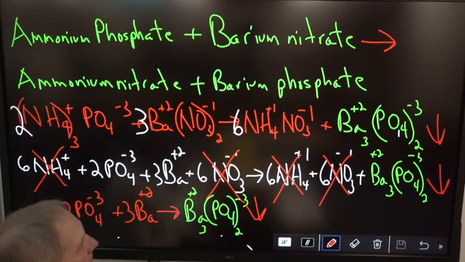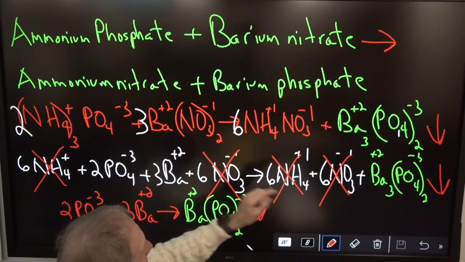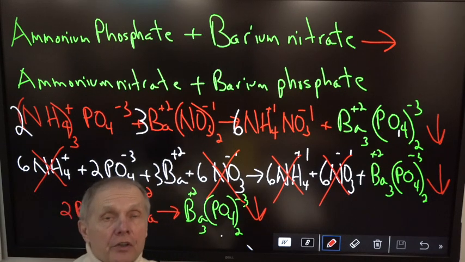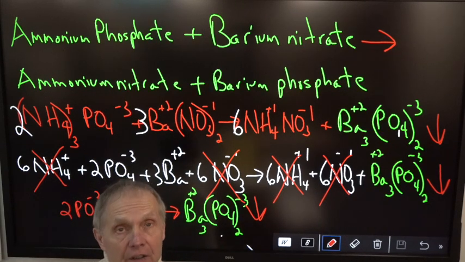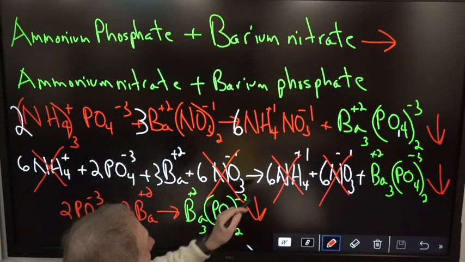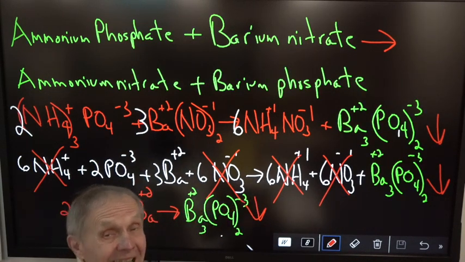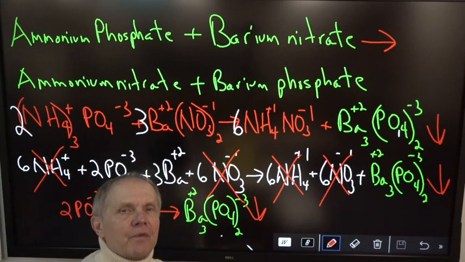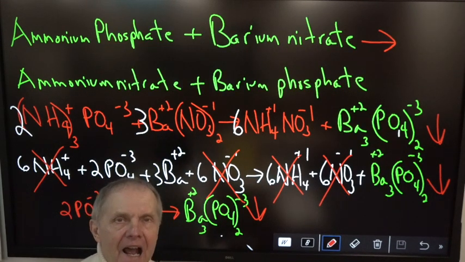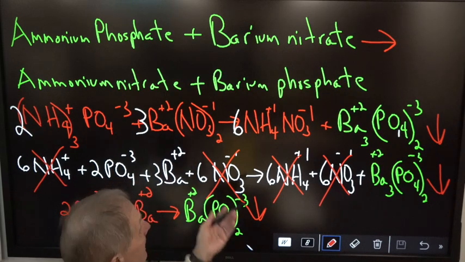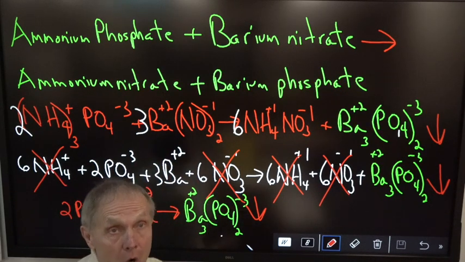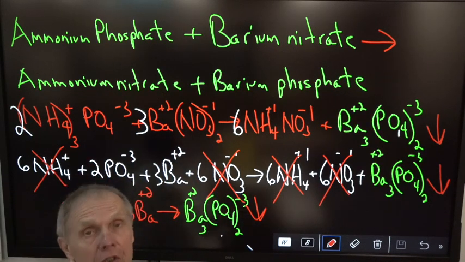And don't forget, you have to have the same coefficients in order to cross out the spectator ions. And that's where a lot of students make mistakes. If they don't have the same coefficients, you can't cross it out. Like I said before, you got to go back, and you must have not balanced the equation or an individual compound correctly.